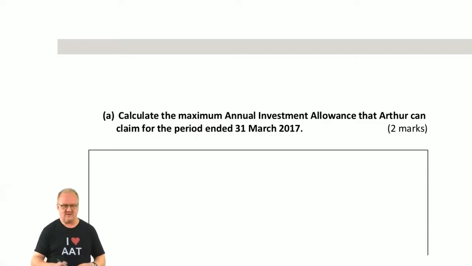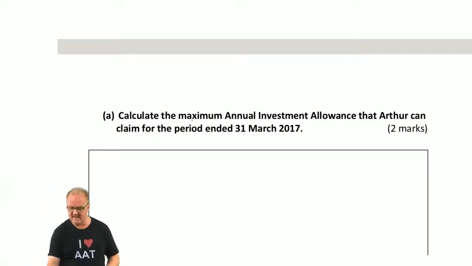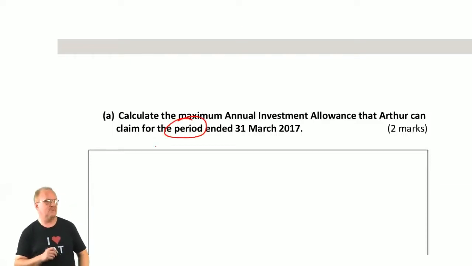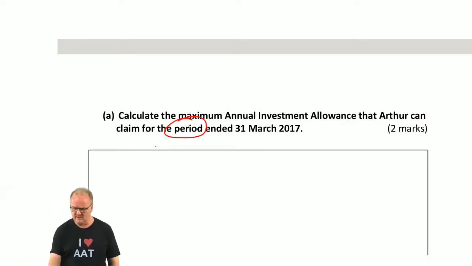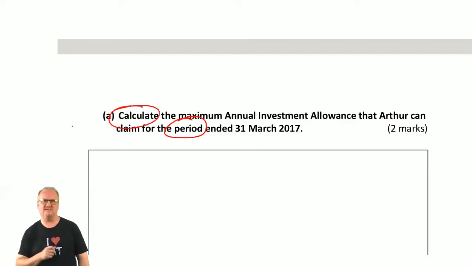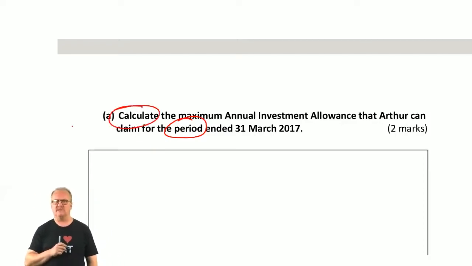Now, one interesting word that I note in there is the word period, which suggests this is not going to be a 12-month year, otherwise it probably would have said year. I'm also intrigued by the word calculate. So this is not going to be going and stating an allowance out of a book. I suspect we're going to do something with it.